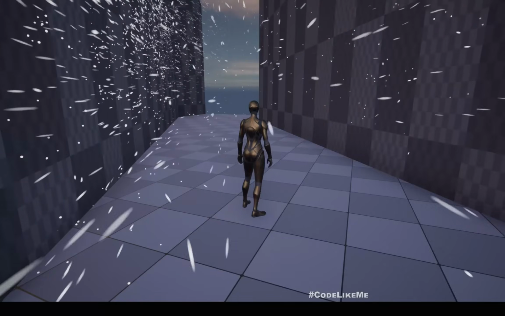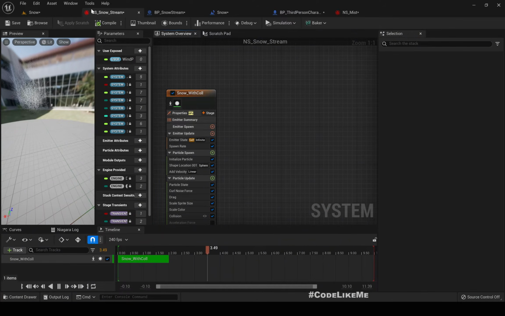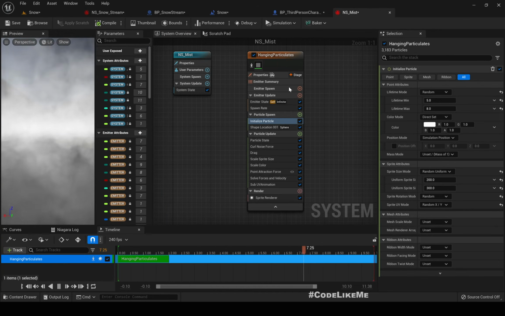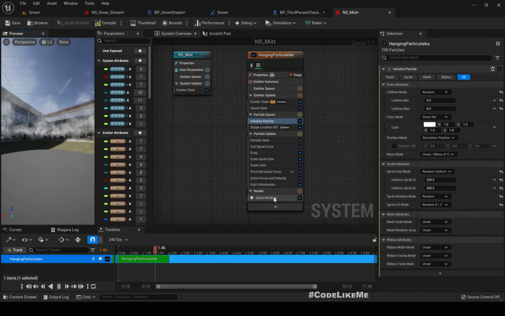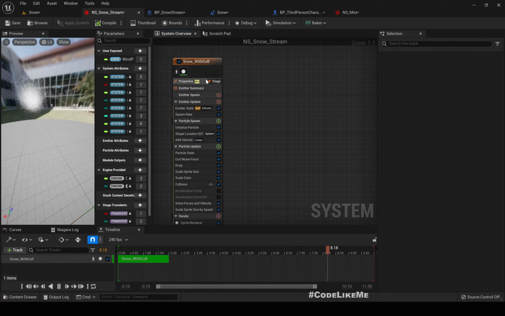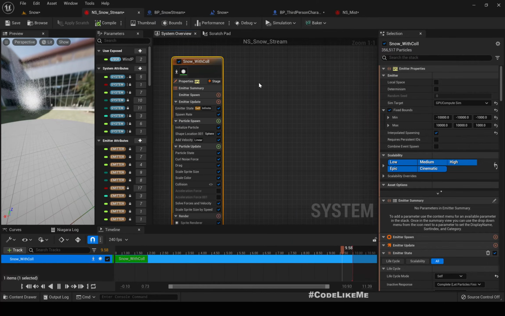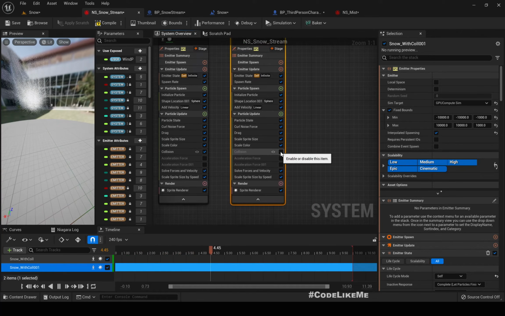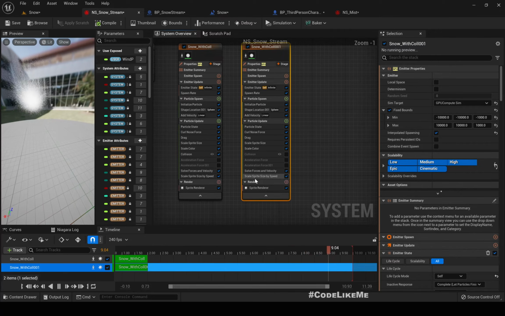Right. Alright, so we can maybe add some more fog-like effect to this as well. For that, I can actually use this previously implemented fog material. So let me just copy this and duplicate this same emitter. Here for the fog, I don't think I need collision and scale sprite size by speed.